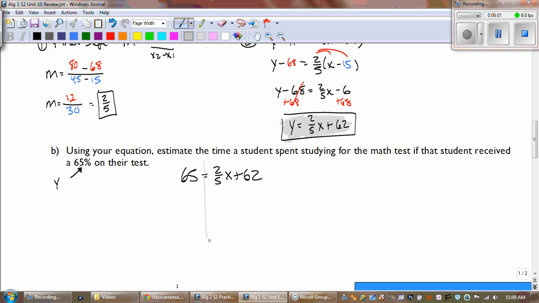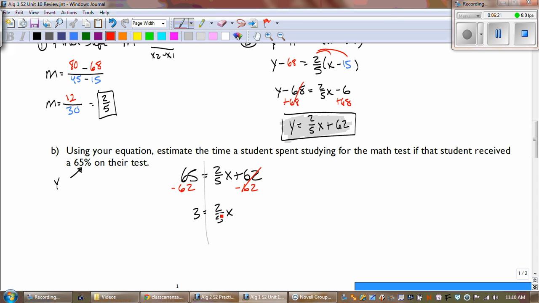So, how do we solve? That's right, the first thing we have to do is subtract 62 from both sides. 65 minus 62 is what? Did you get 3? Good.